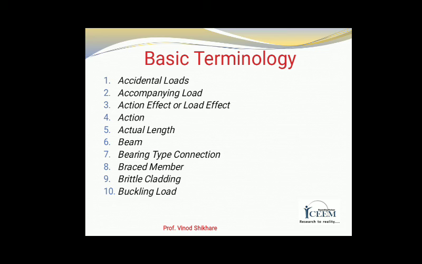For the actual loads and load combinations to be used, reference for different kinds of loads: IS 875 for dead load, live load, snow and wind loads, and IS 1893 part 1 for earthquake loads.